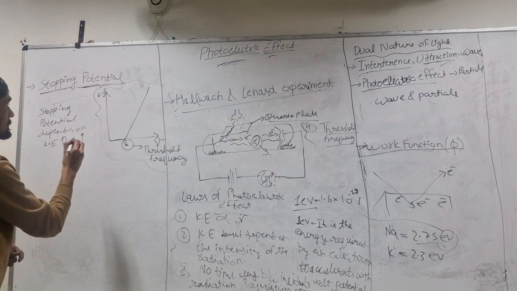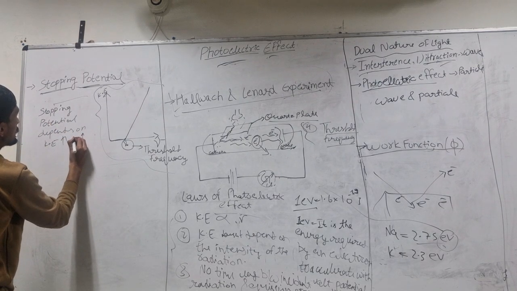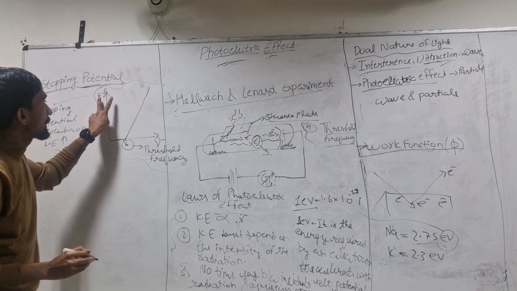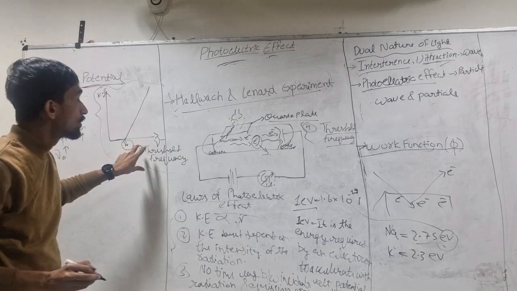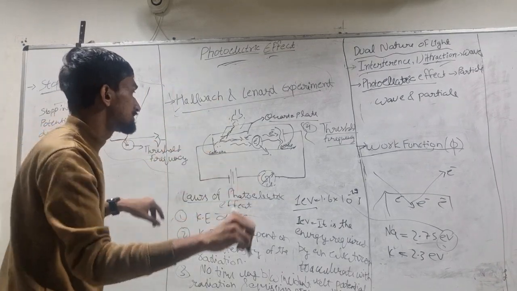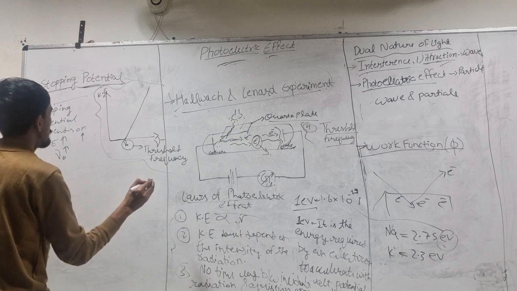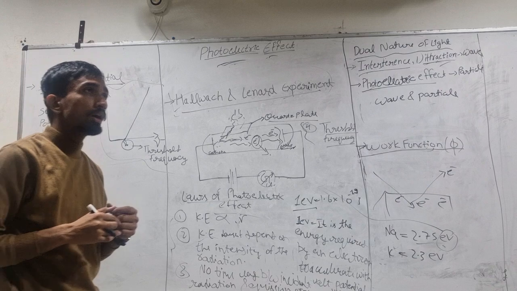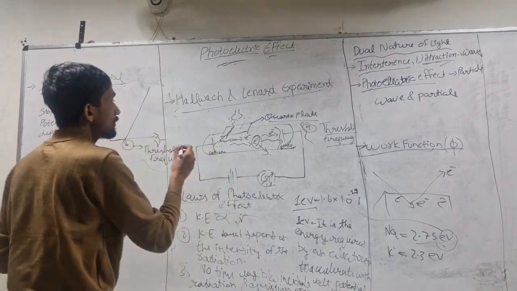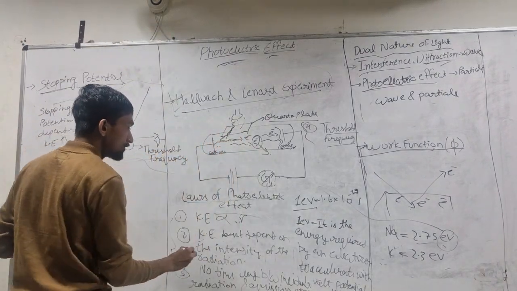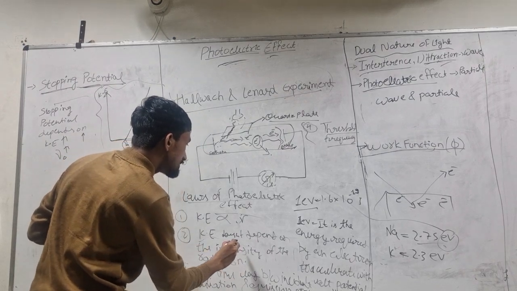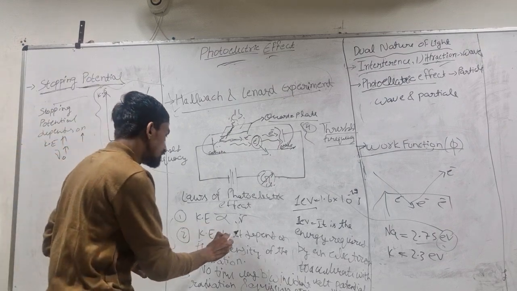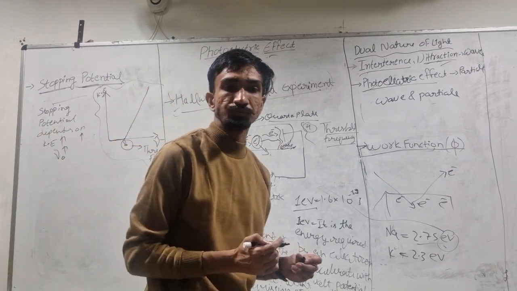So stopping potential increases as we increase the frequency, because we know that kinetic energy is directly proportional to the frequency of the incident rays. But it does not depend on the intensity of the incident rays, because we know that the intensity of the radiation does not affect the kinetic energy. So stopping potential does not depend on the intensity of radiation.